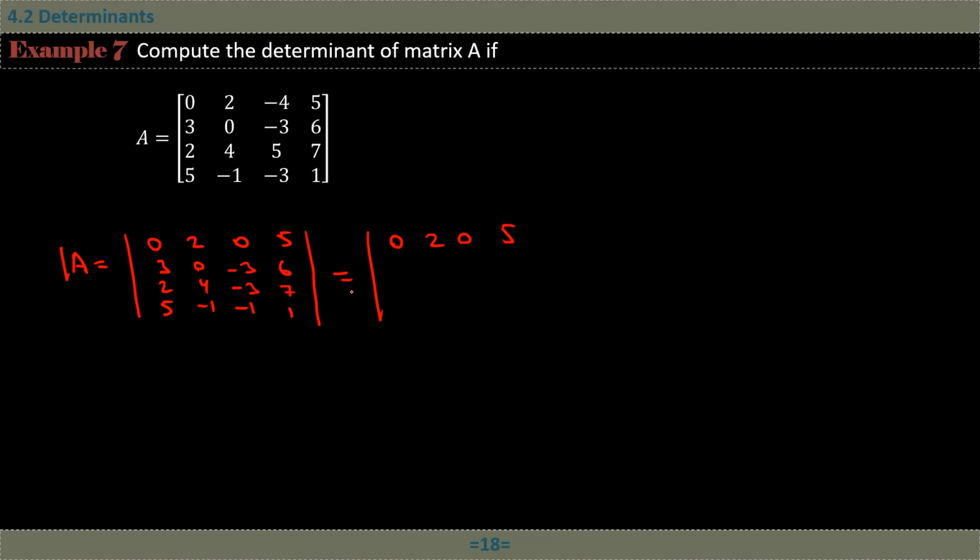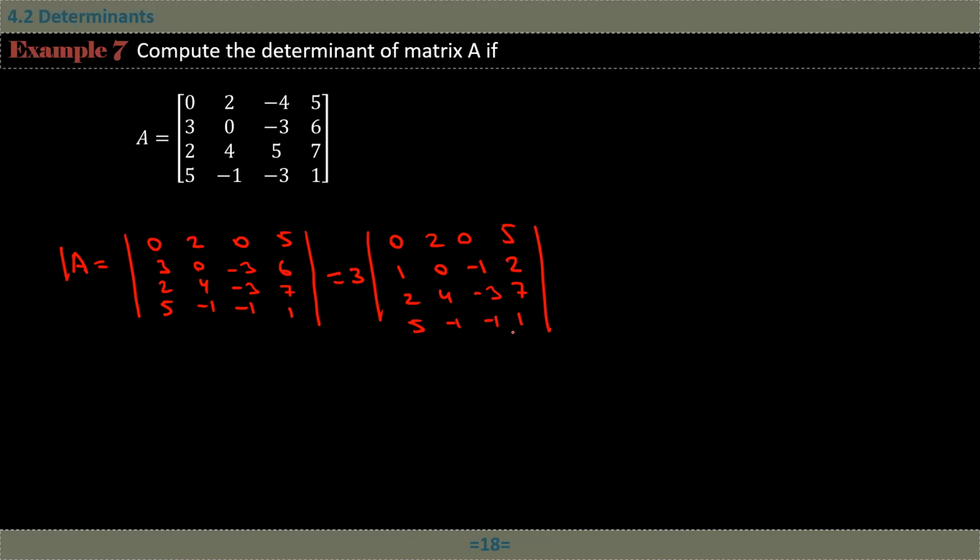In the second row, 3 is a common factor. I can take this out. So here we have 1, 0, -1, 2. And here we have 2, 4, -3, 7, and 5, -1, -1, 1.